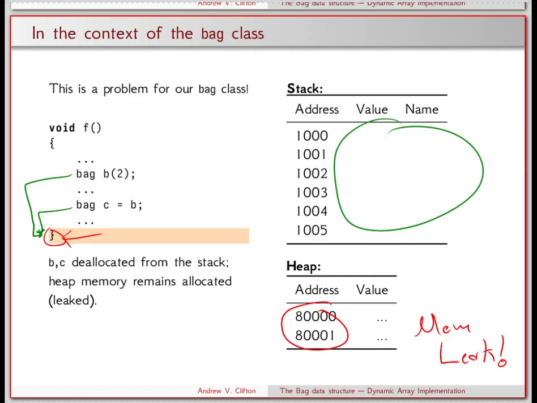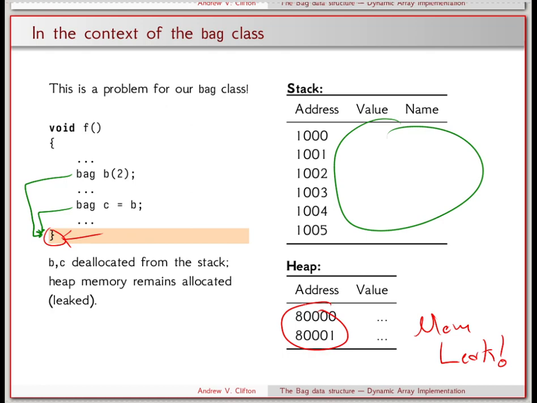So we have two different but related problems that we need to fix here. We need to fix the copying problem of the two copies sharing data in the background. And then related to that, we need to fix the destruction problem, the way that we leak memory when variables go out of scope.